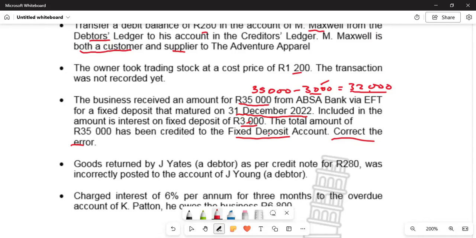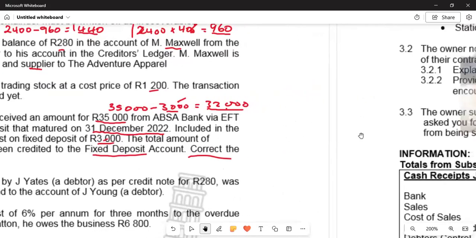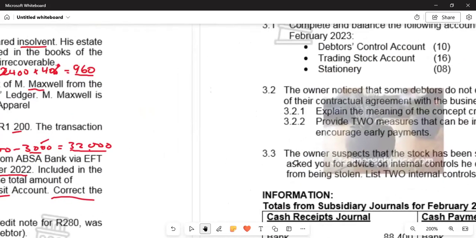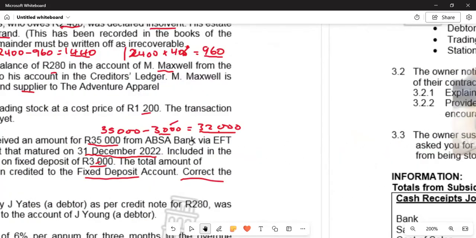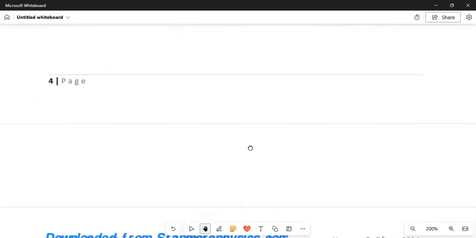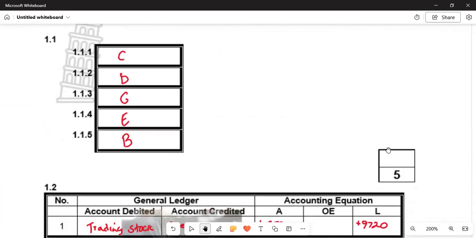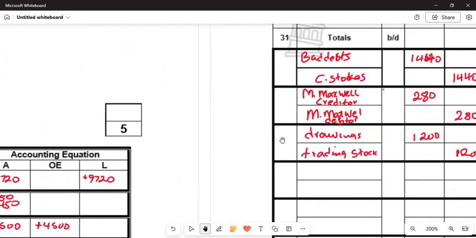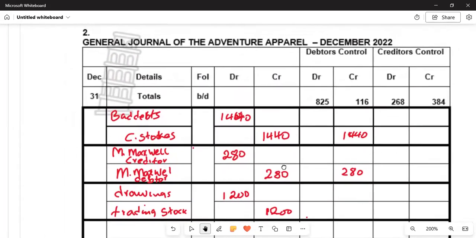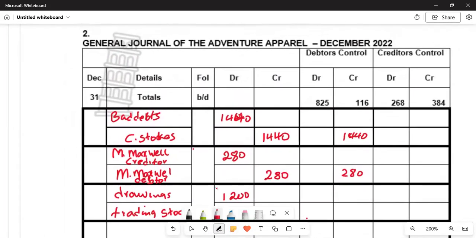That is what is needed. Here we are under our general journal.